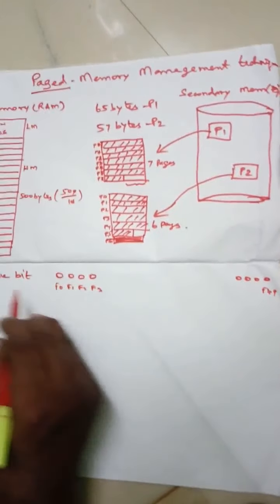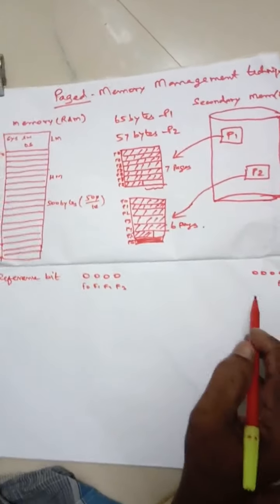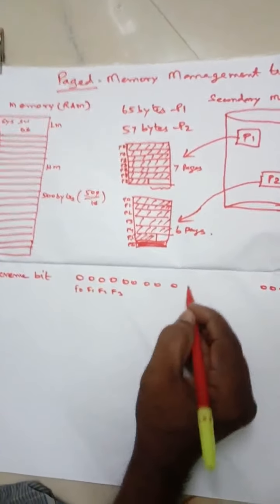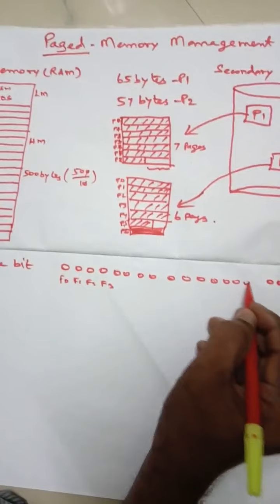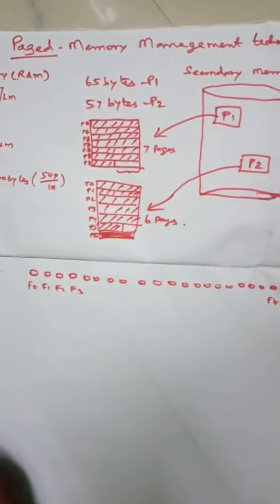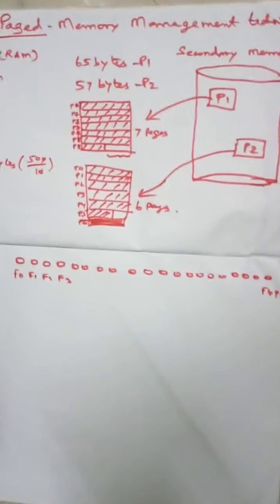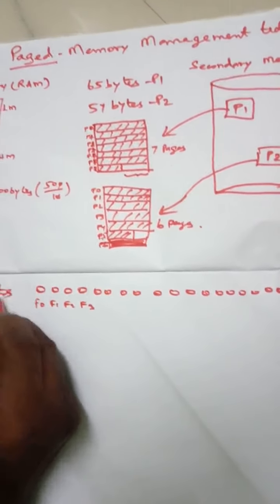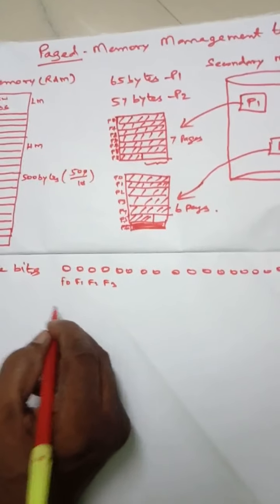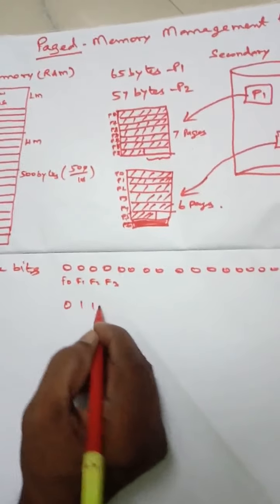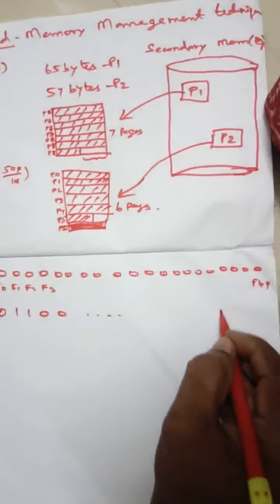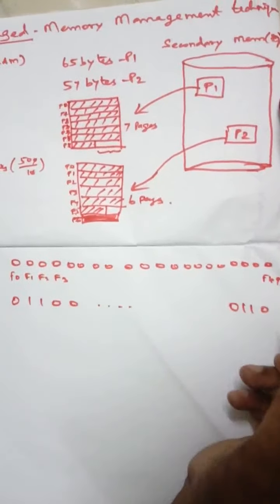Very initially, all the frames are unallocated, so there are 50 zeros. Later, the 50 reference bits are modified to 0 1 1 0 up to 0 1 1 0.